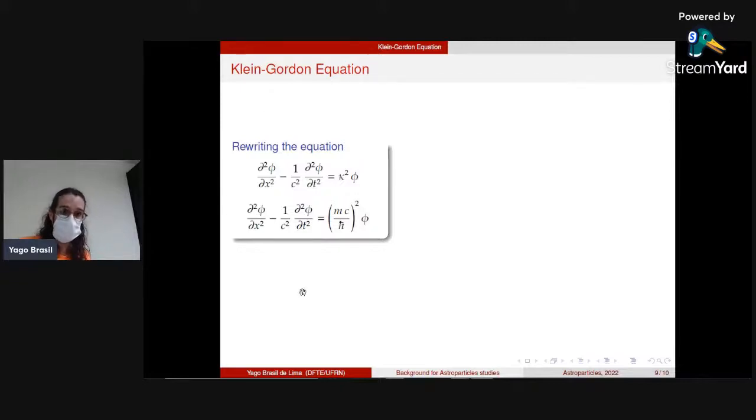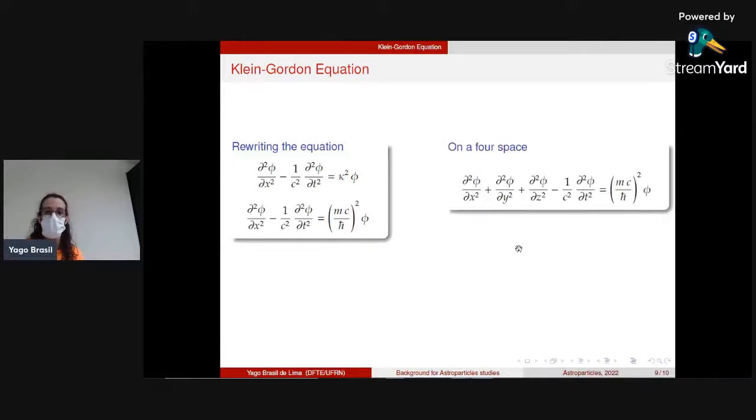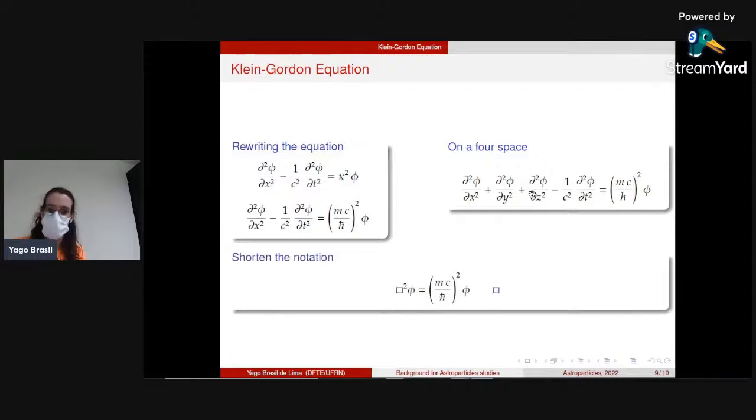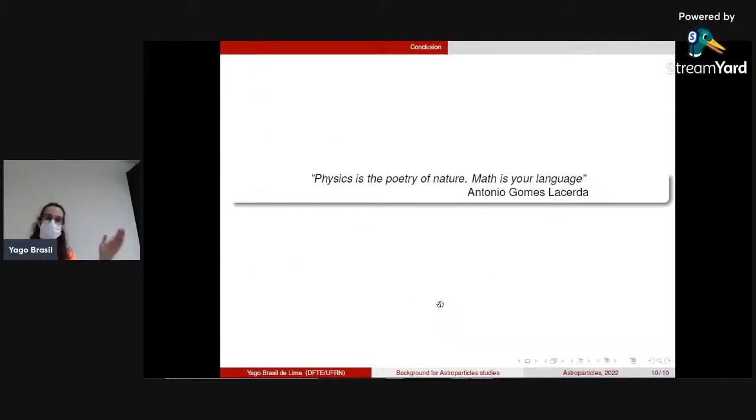And this equation only applies to a field that depends on one space dimension, so I can expand this to four dimensions. To clean the notation, I can use the D'Alembertian, which condenses all this information in this tiny equation. And that equation I can use to describe particles with no spin and mass m different from 0. And that's my presentation.